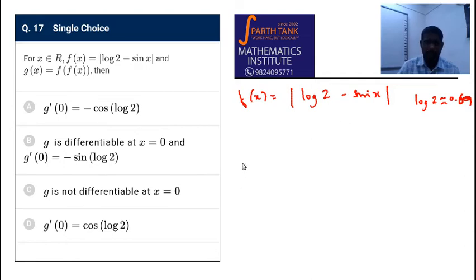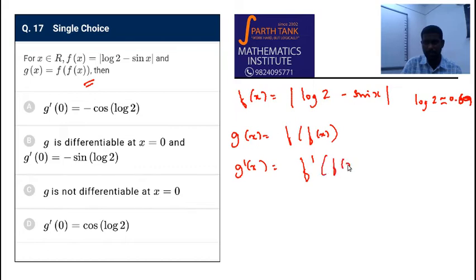Okay. So what have they asked us? G dash of 0. How to find G dash of 0? Basically, if you see this question here, this looks like G of x is f of f of x. So G dash of x is nothing but you differentiate this, f dash of f of x, and then you differentiate this, the chain rule, right?